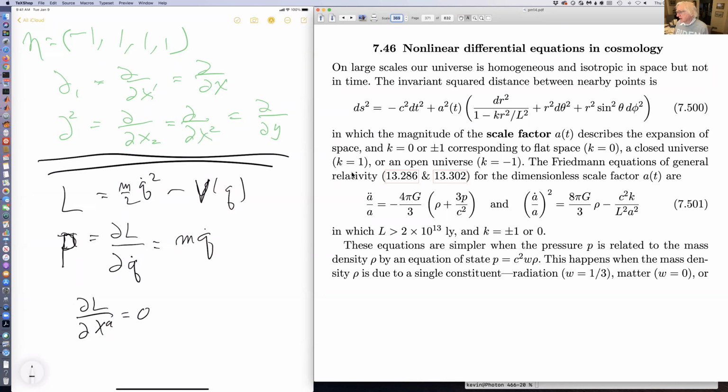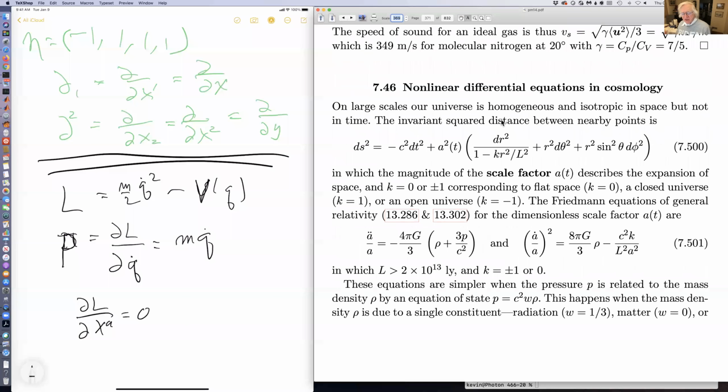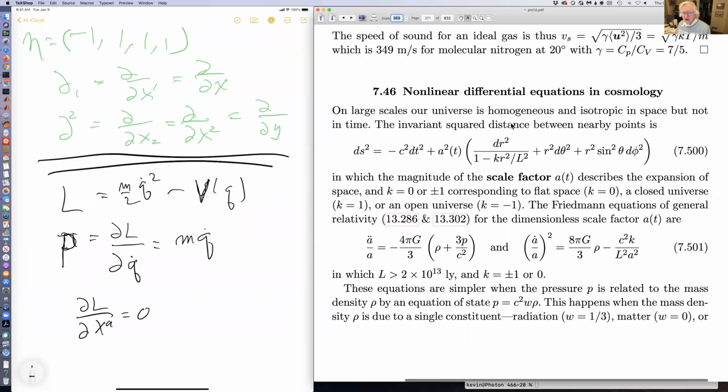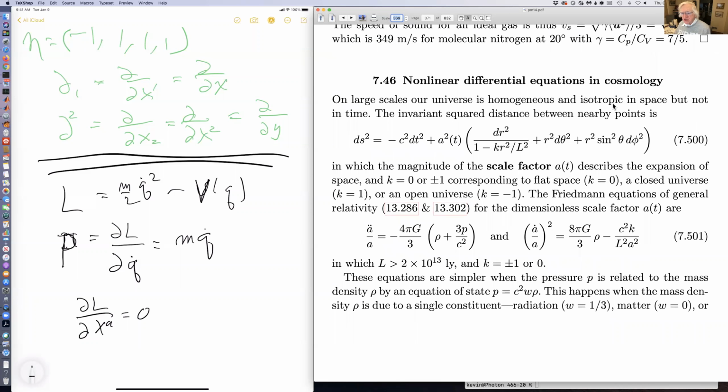I do have two nice examples here of nonlinear differential equations. One is that of course, on large scales, the universe is homogeneous and isotropic in space, not in time, but in space. And the invariant, in general relativity, the invariant squared distance between nearby points is minus c squared dt squared plus a scale factor a of t multiplying this expression.